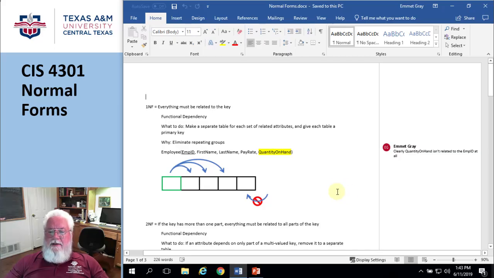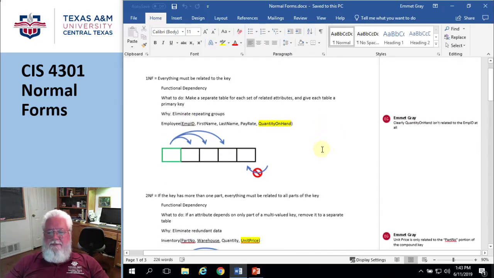Although right now we're not talking about fixing it, but I would break a table up into two pieces. So here's an example. I have an employee ID and a first name and a last name and a pay rate and quantity on hand. Like, what? Employees don't have quantities on hand. So clearly the quantity on hand is not related to the employee ID.